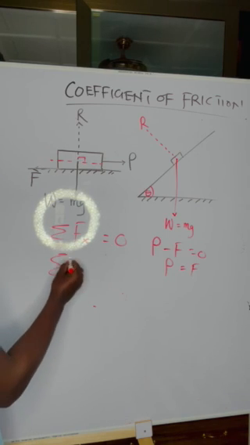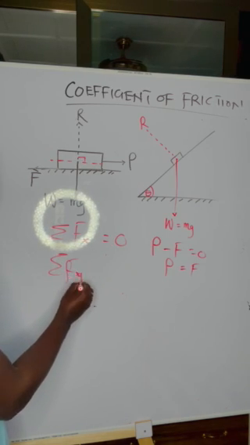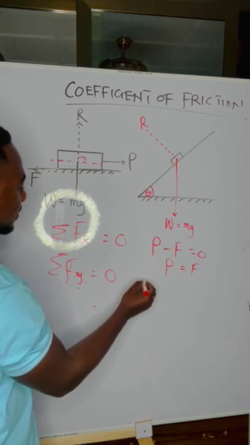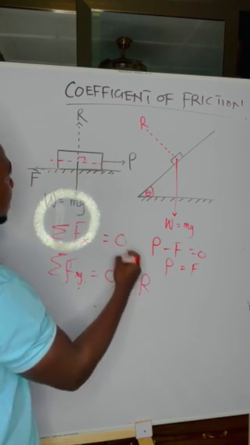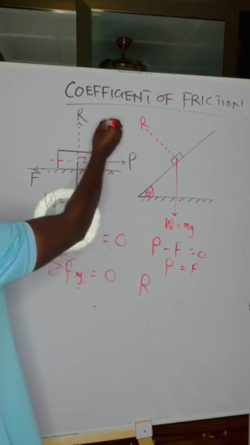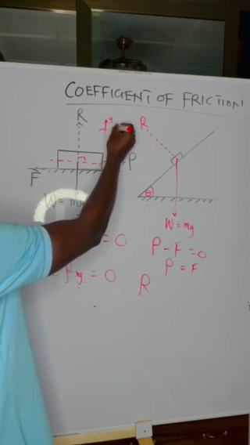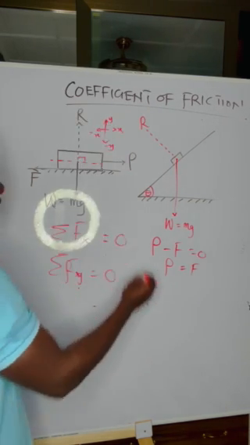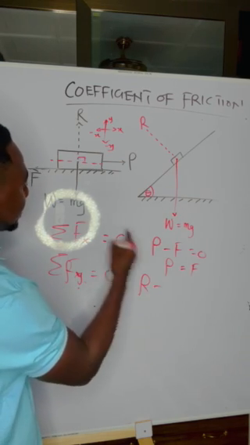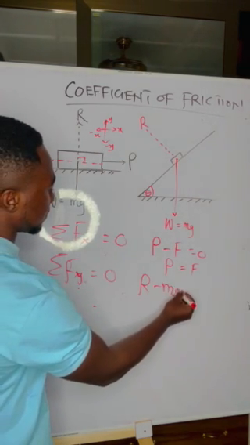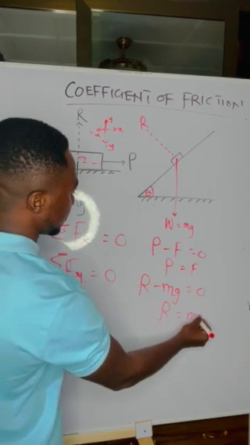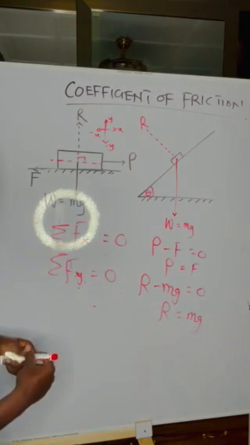Summation of forces in the y direction should be equal to 0. Forces in the y direction have R positive minus mg equal to 0. So R equals mg.